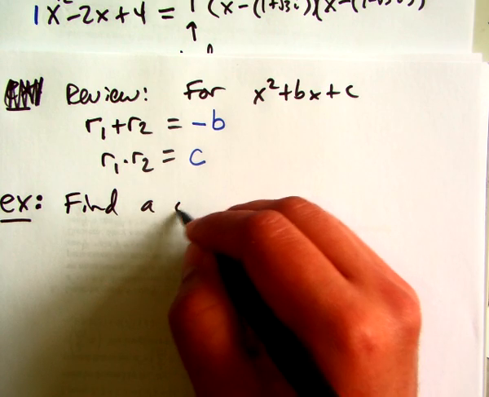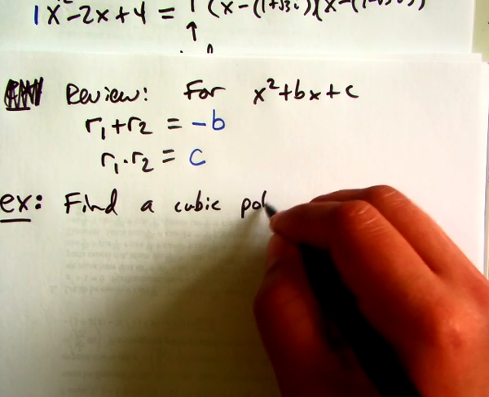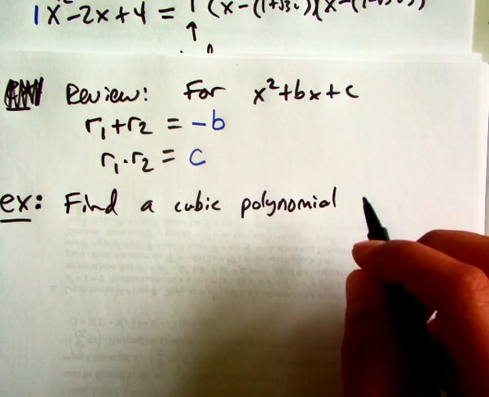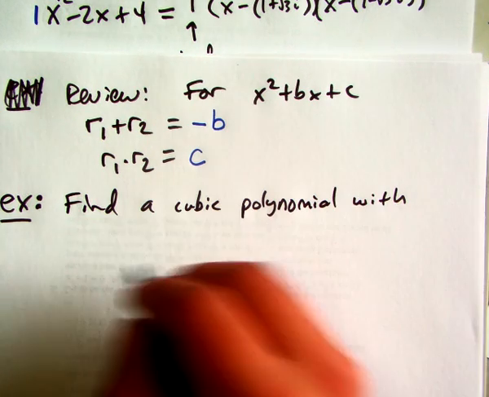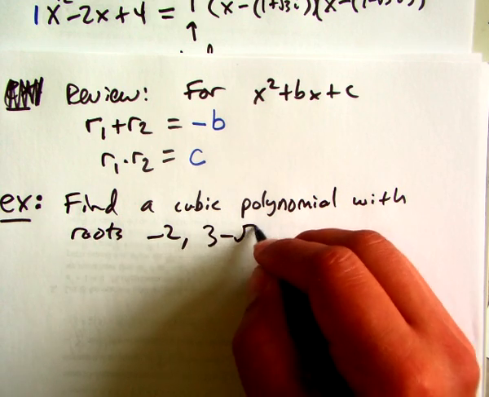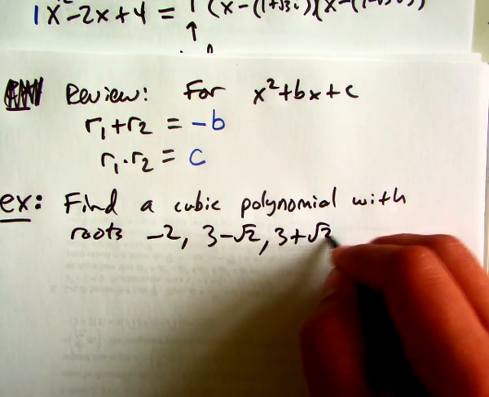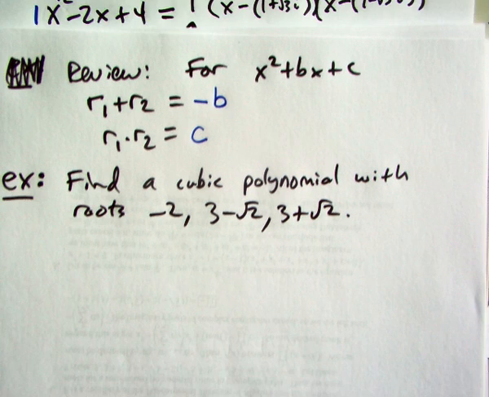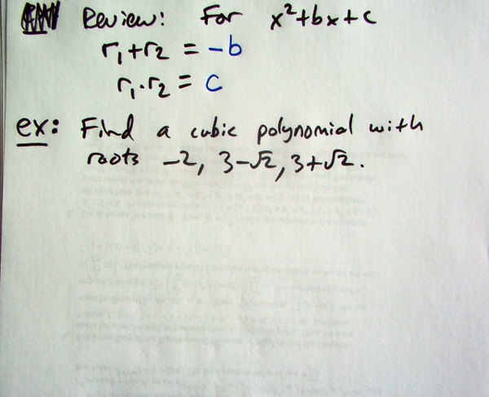Find a cubic polynomial with roots -2, 3 minus root 2, and 3 plus root 2. What do we know about the polynomial if these are the roots?